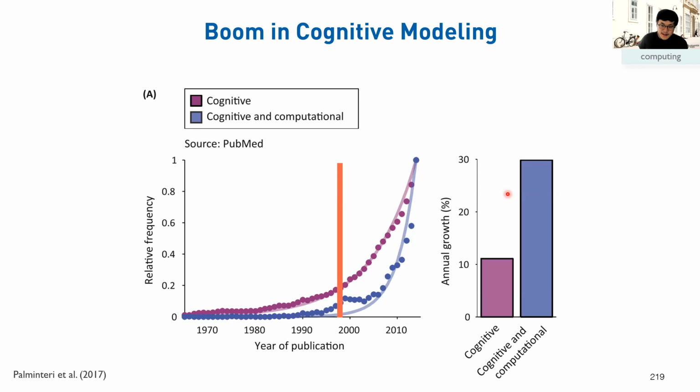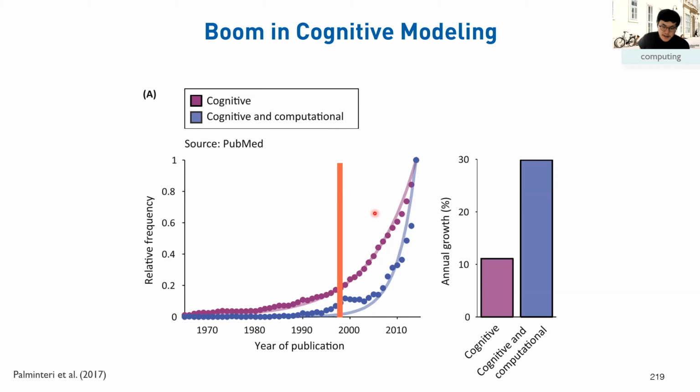Okay, anyway. Remember the year of the first edition of the book, 1998. After 1998, you see here the two colors. On the x-axis is the year of publication, and on the y-axis is the relative frequency, basically the number of publications. The purple color is papers regarding cognition and cognitive science, and the other one is cognitive science together with computational modeling. Because there is a tradition of studying cognitive science, those papers outnumber the papers that combine both cognitive and computational work, which is relatively new.